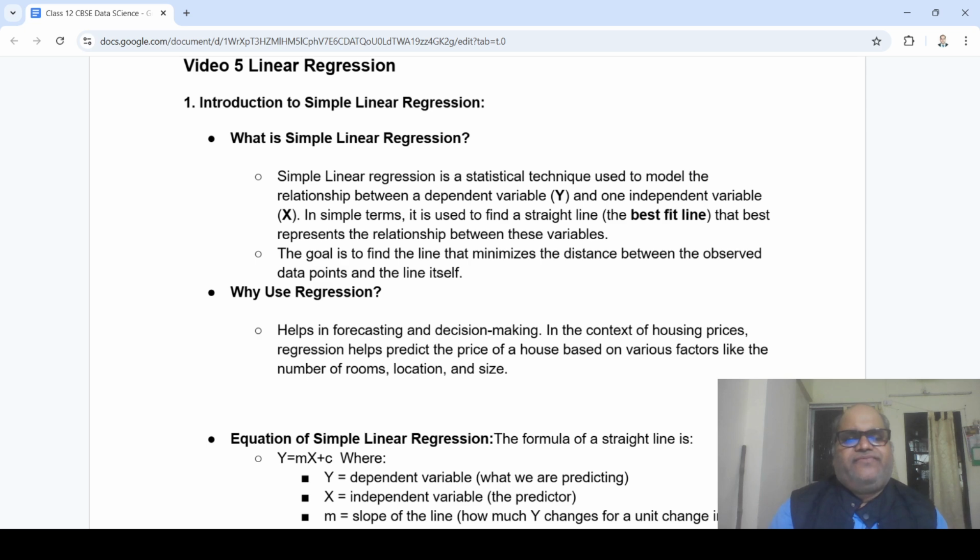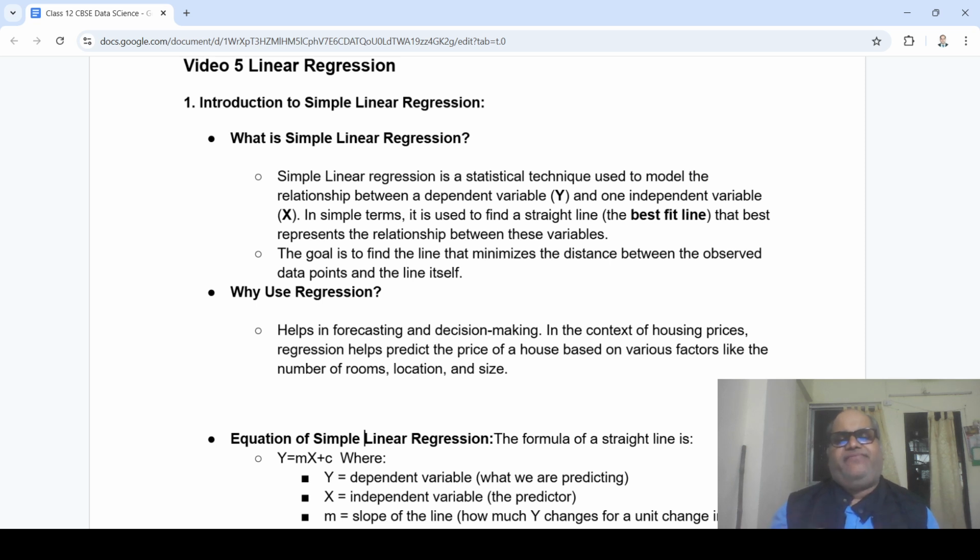So we have introduced simple linear regression. Just to recollect the thought, it is a statistical technique that can model the relationship between a dependent variable and one independent variable.